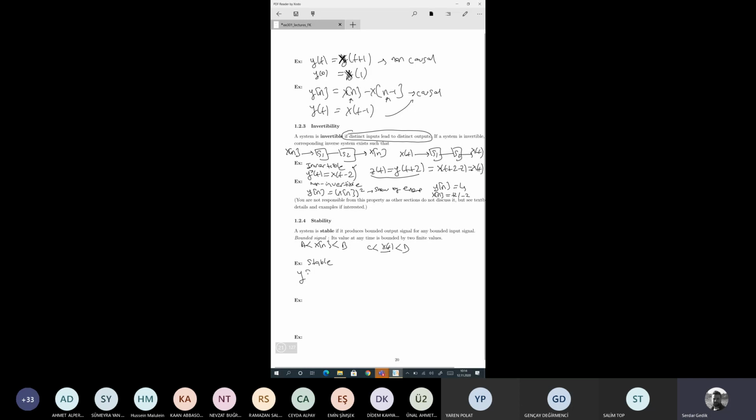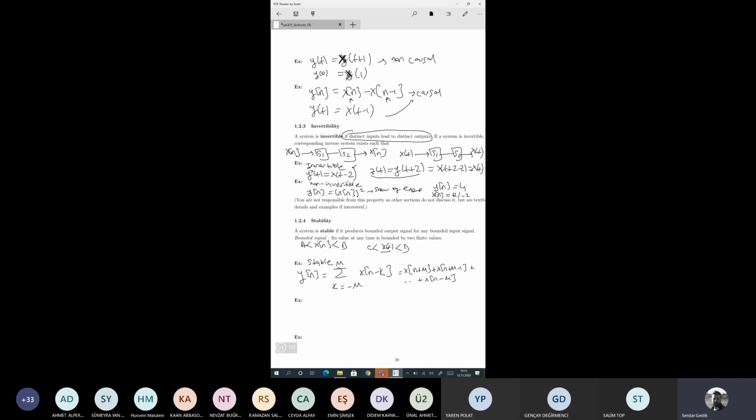Okay, so let's give an example of a stable system. Let's define y of n as the summation over k from minus m to plus m of x of n minus k. Well, what does this system do? It simply sums the samples of x of n. So it sums x of n plus m, plus x of n plus m minus 1, up to x of n minus m.